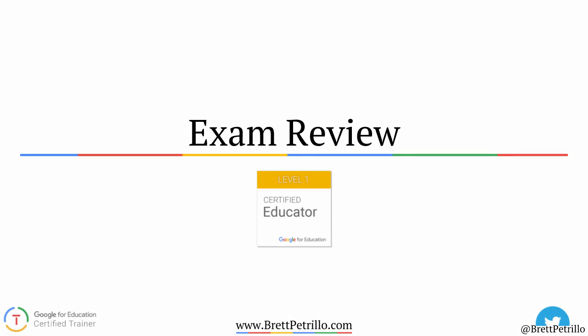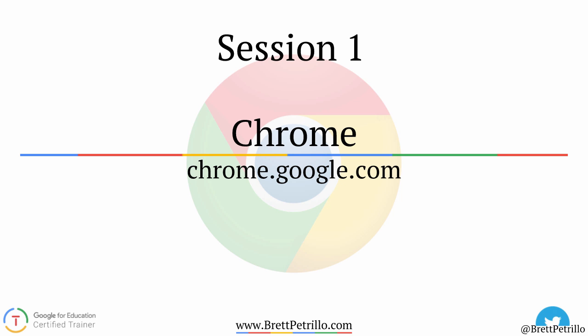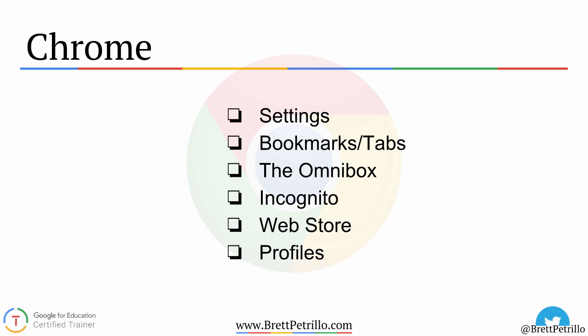All right, let's take the next little bit and review what we've covered in the 10 sessions prior to this one. If you go all the way back to session 1, we discussed Chrome at chrome.google.com, and we took a look at the settings in Chrome and the bookmarks and tabs and how we can move the tabs around and manage our bookmarks.